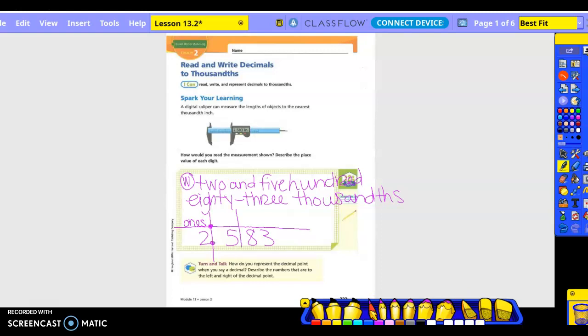Okay, the 5 is in the what? Tenths. The 8 is in what? Hundredths. The hundredths. And then the 3 is in the what place value? Thousandths.